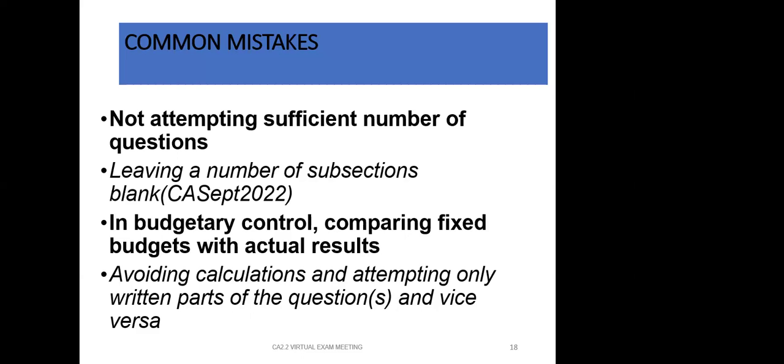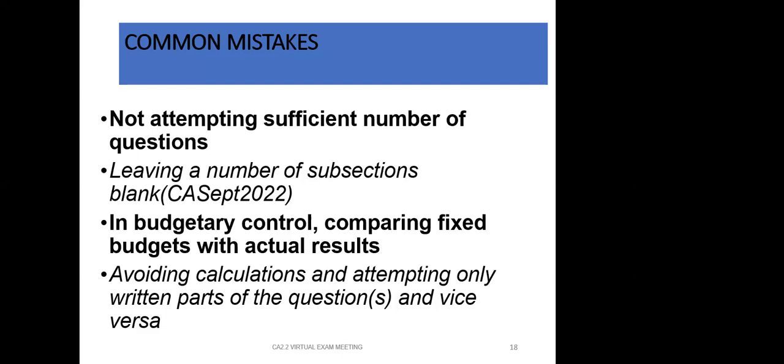In budgetary control, comparing fixed budgets with actual results. Later on, when we look at flexible budgeting questions, we are going to note that you do not compare a fixed budget with actual results, you compare a flexed or flexible budget with actual results.